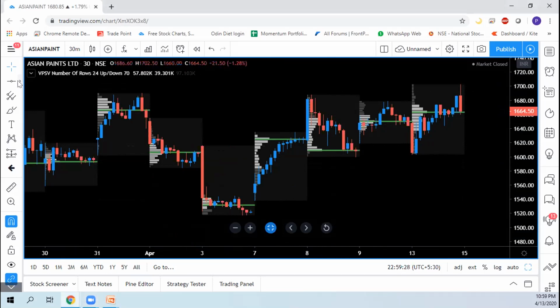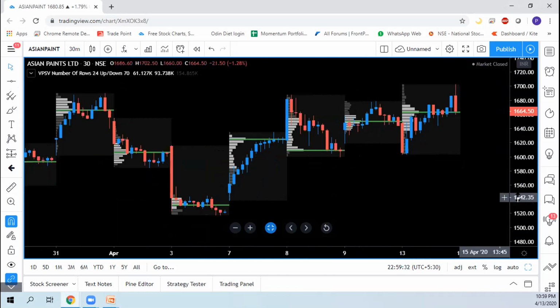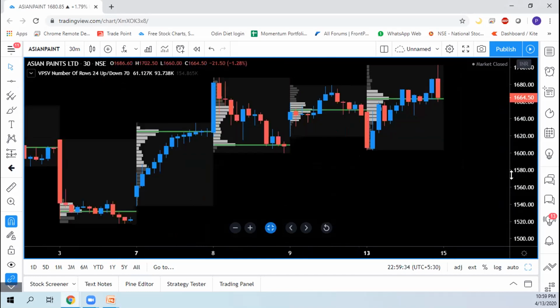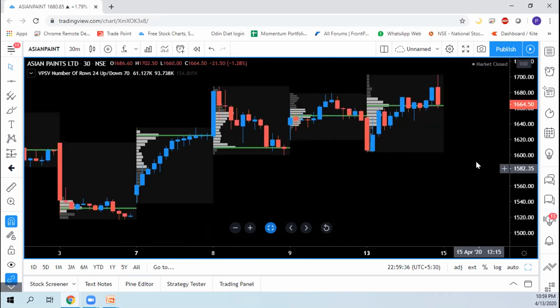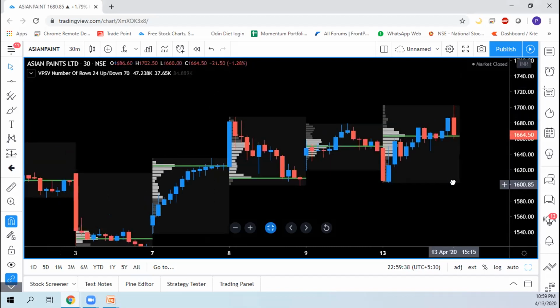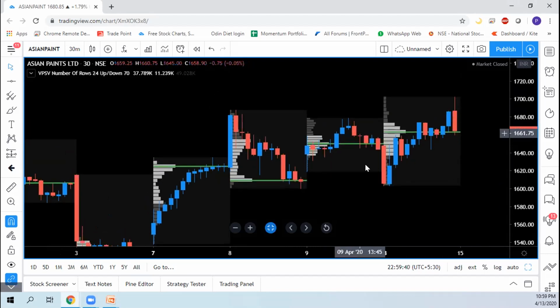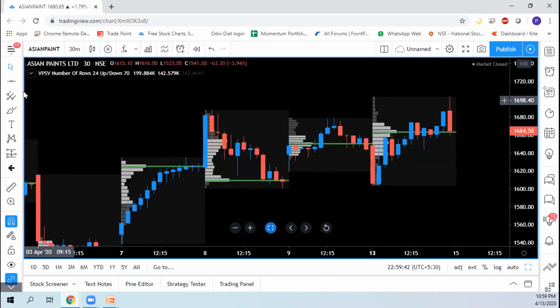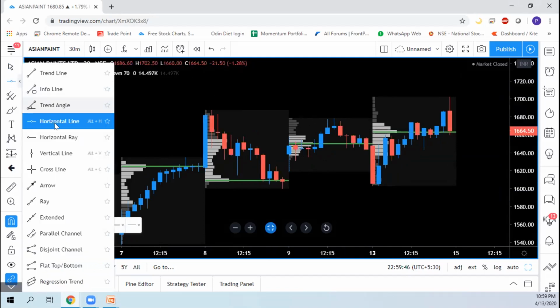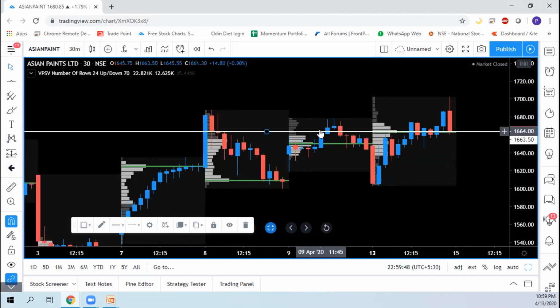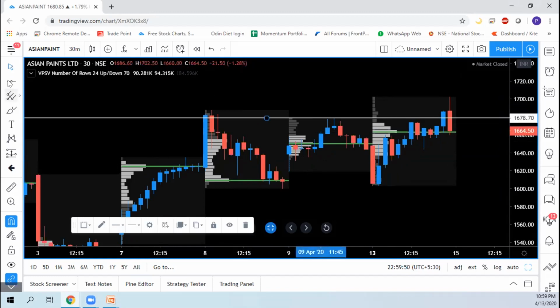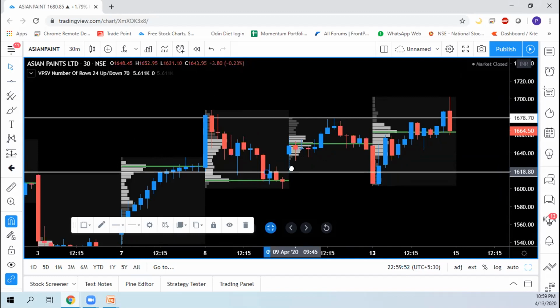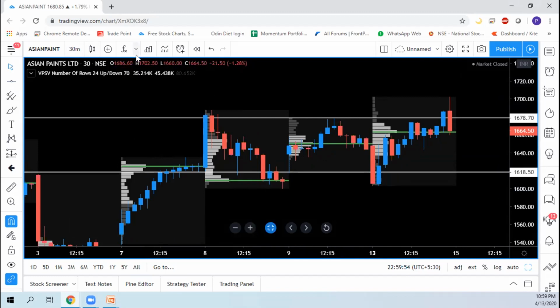So here, when I was looking into this particular chart, I'll be marking certain references for you to trade because it's an inside bar. What I'll mark is very simple. I'll take a horizontal line and say that this is my previous day high, and this is my previous day low.